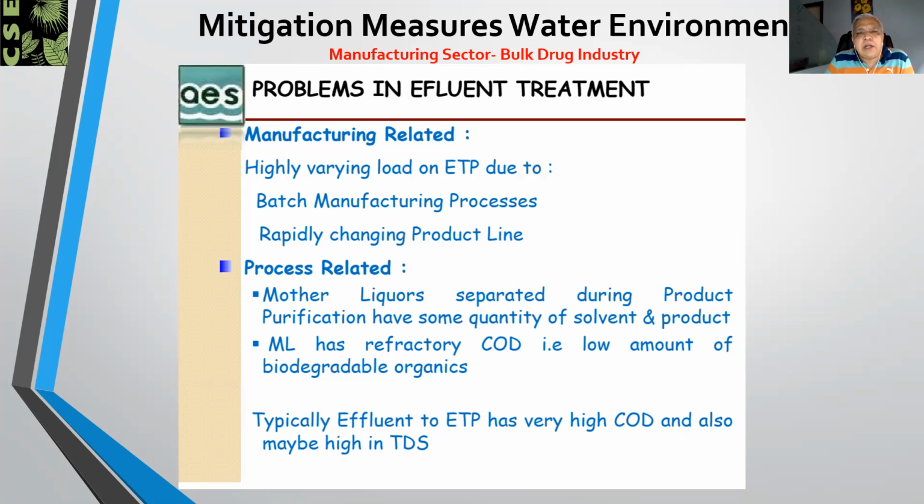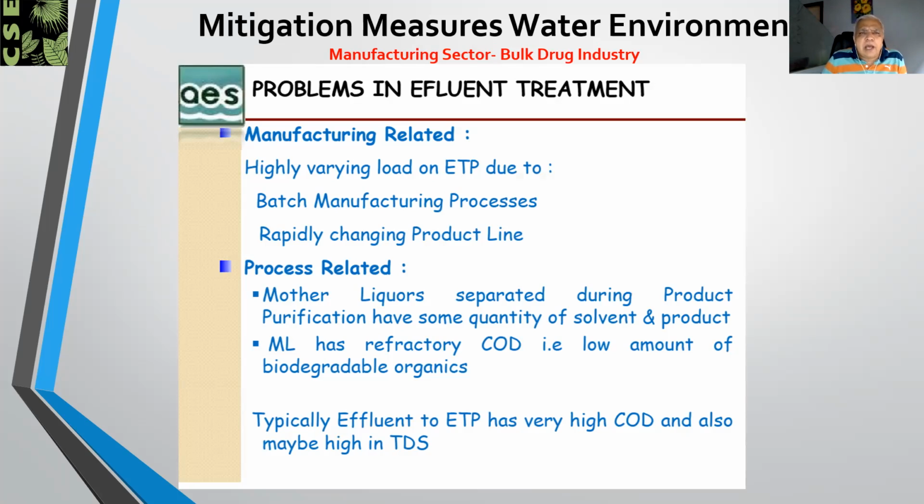Now, other measures for the bulk drug sector include, let us look at the effluent generation from the bulk drug sector, that is the manufacturing sector. In the case of a bulk drug industry, the production is constantly fluctuating. So there is a highly varying load on the ETP due to various batch manufacturing processes as well as rapidly changing product lines.